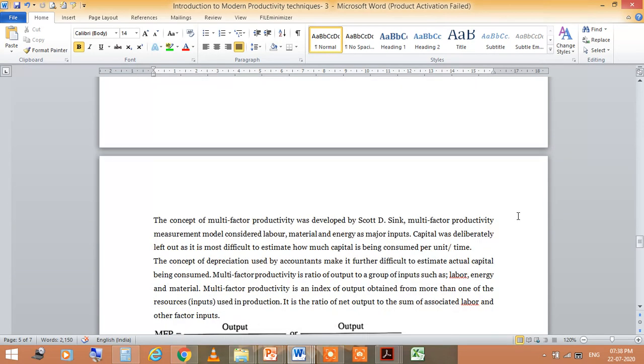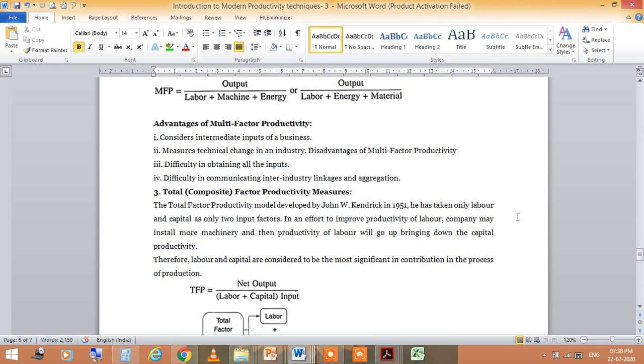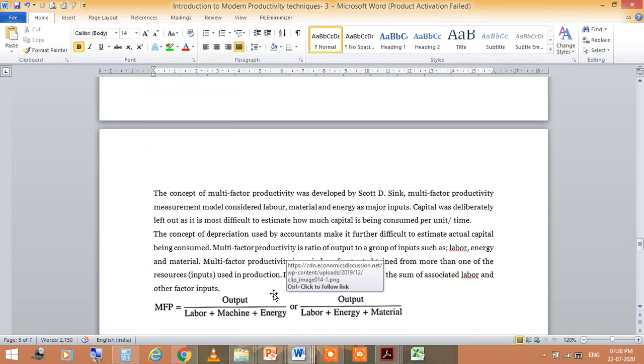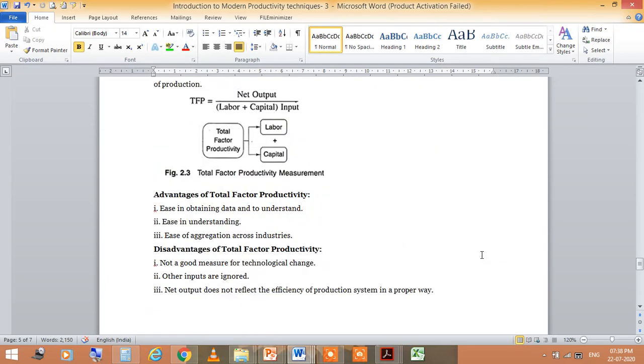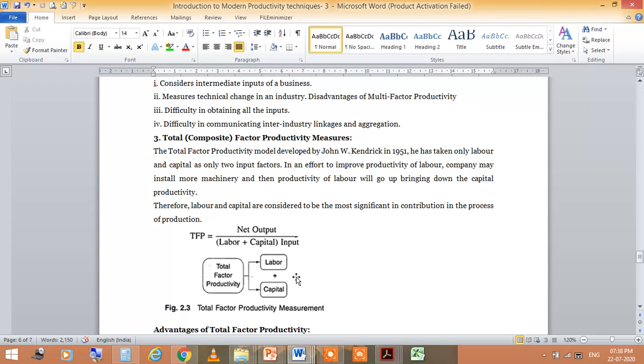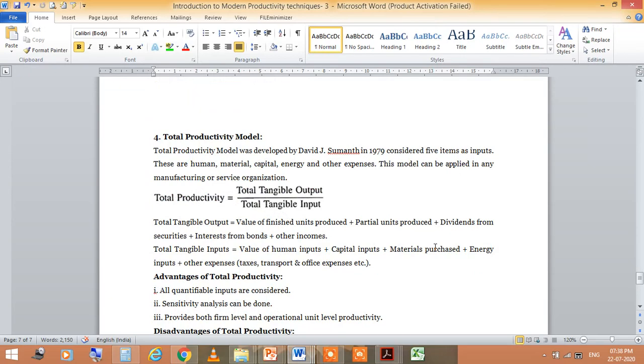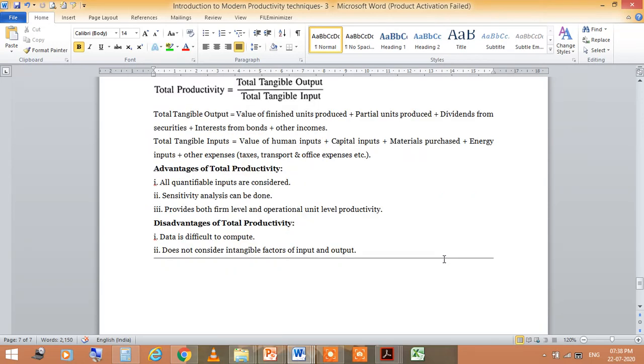The second one is multi-factor productivity: output divided by labor plus machine plus energy, or labor plus energy plus material. The third one is total composite factor productivity measure: net output divided by labor plus capital input. Fourth is the total productivity model: total tangible outputs divided by total tangible inputs. So you can calculate through this formula of total productivity.